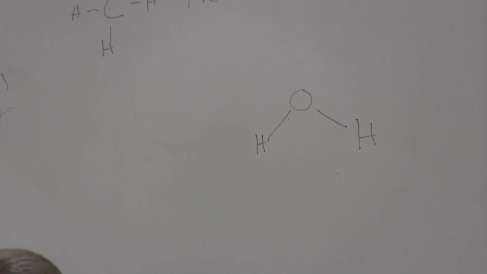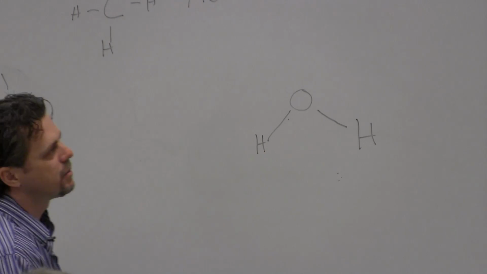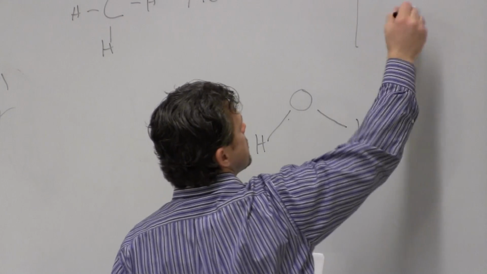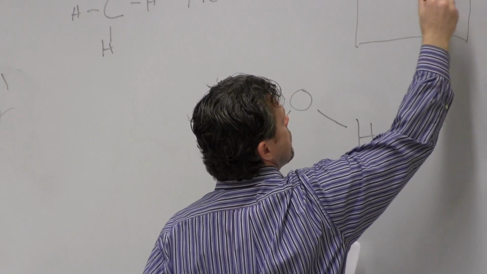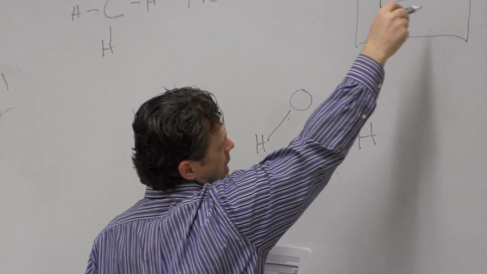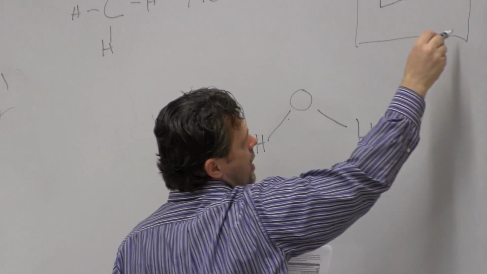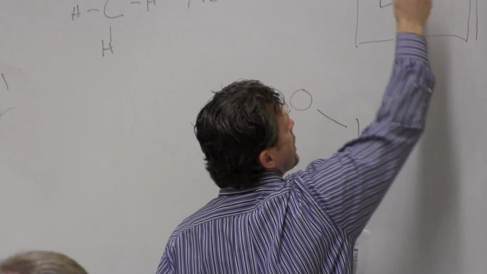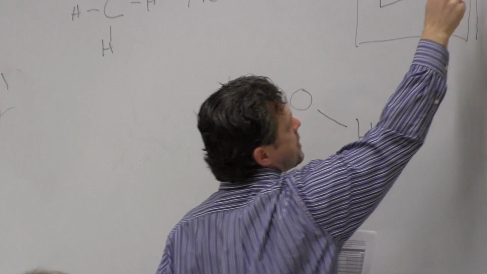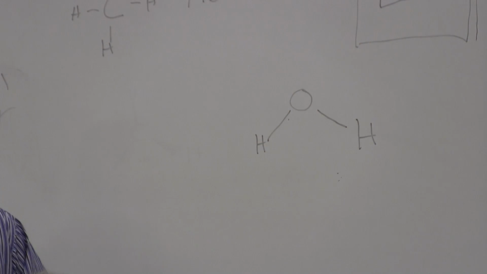When you're talking about the periodic table, we have our table here. Let me just draw a little representation of it. As we go up and as we go across, electronegativity increases.